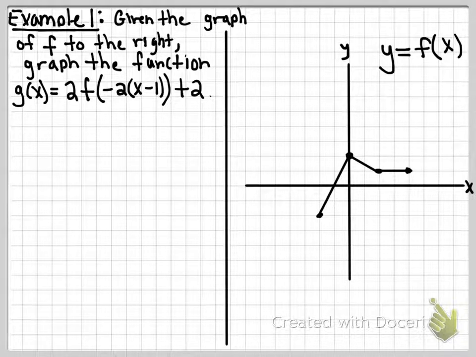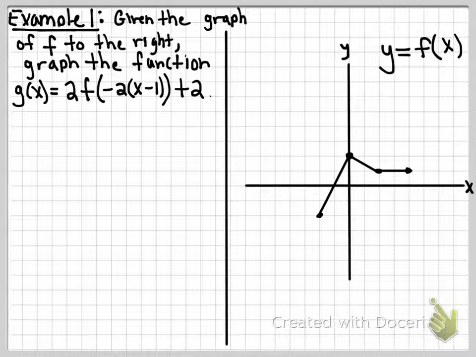So, given the graph of the function f on the right, this is the same graph that we were working with in class on Monday and Tuesday when we viewed the vertical and horizontal transformations separately. What we want to do is graph the function g of x, which is 2 times f of (-2 times the quantity x minus 1), plus 2.